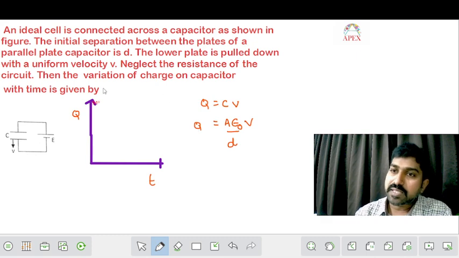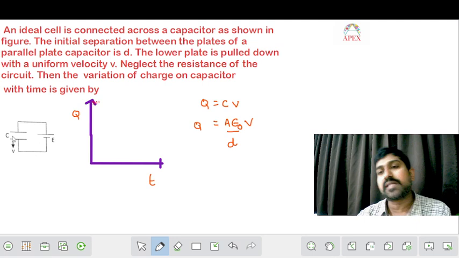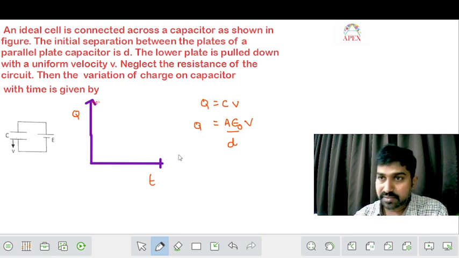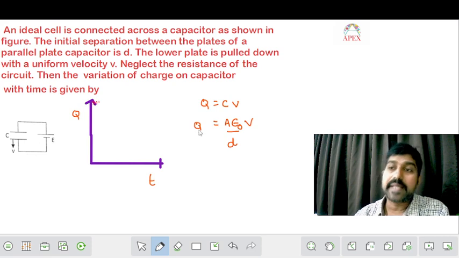But what is happening here? When the lower plate is moving with velocity V, the separation between the plates will increase only. When separation between the plates D increases, what will happen? Charge will decrease.